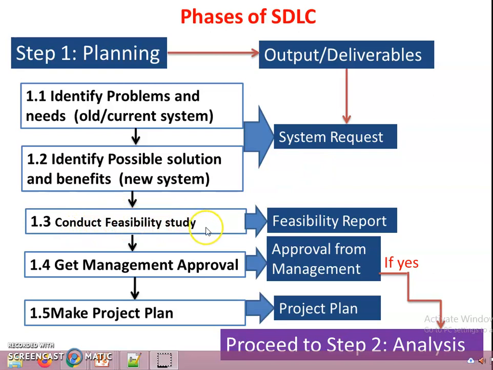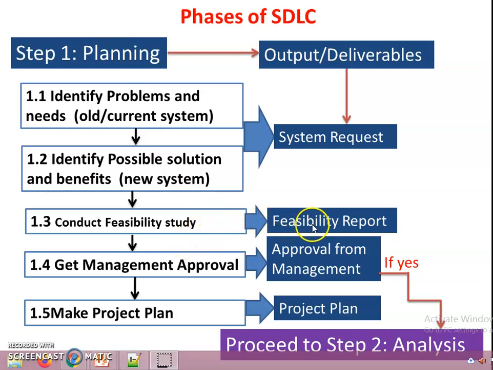While the system analyst performs the feasibility study, he has to come up with at least 3 possible alternative solutions, where he has to discuss the feasibility issues of each alternative.